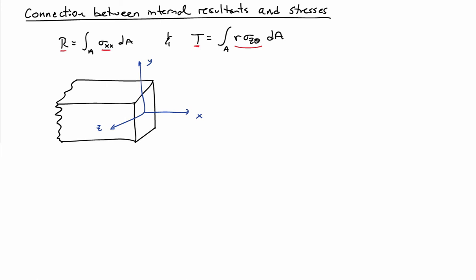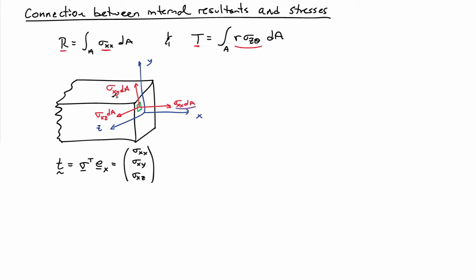So let's go ahead and draw the beam here. I put in the coordinate frame x, y, z. So y again is the transverse direction that the beam bends into, and it's bending about the z-axis. And if I look at the cross-section, I can have basically three stresses acting here. I can have a normal stress in the x direction, so sigma xx.